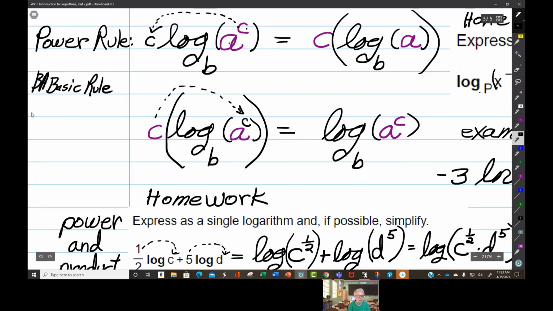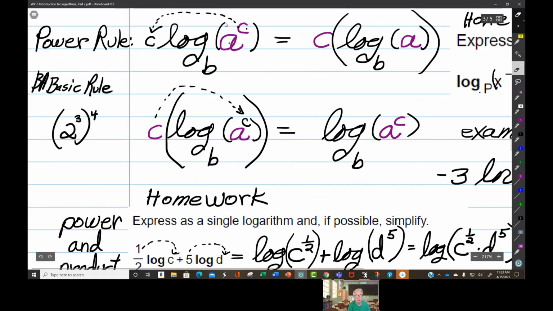If you have a base raised to a power, and then raised to a power again, you multiply the powers.